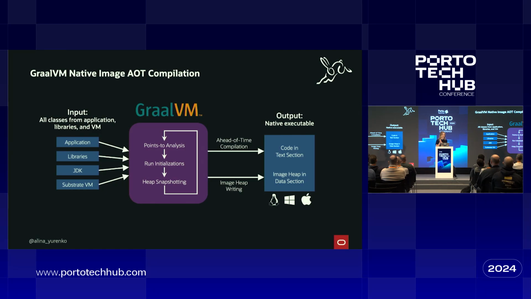So two key concepts, ahead of time compilation and under closed world assumption. And as an output here, you will get a native executable that will be specific to the platform. This is also important. So if I'm building, let's say, on my Apple Silicon MacBook, it will be suited for my Apple Silicon MacBook. So it is specific to the target platform on which you are building.